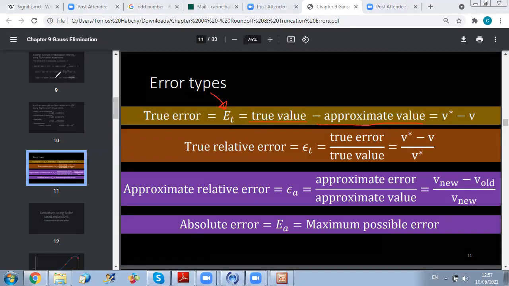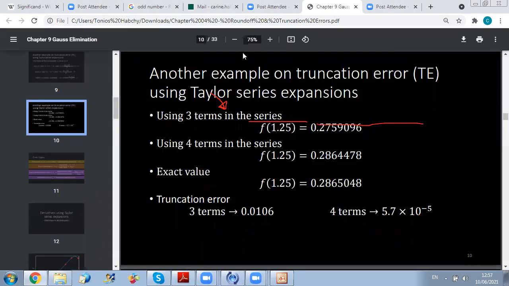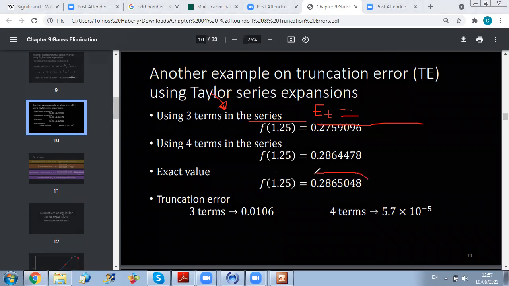So for example, if we go back to the previous example, we can do this. So if we go to this example here, if you want to find what is the true error involved using three terms in the series, you can just say that E true, when I take three terms, will be equal to the true value, which is the exact value, which is here.